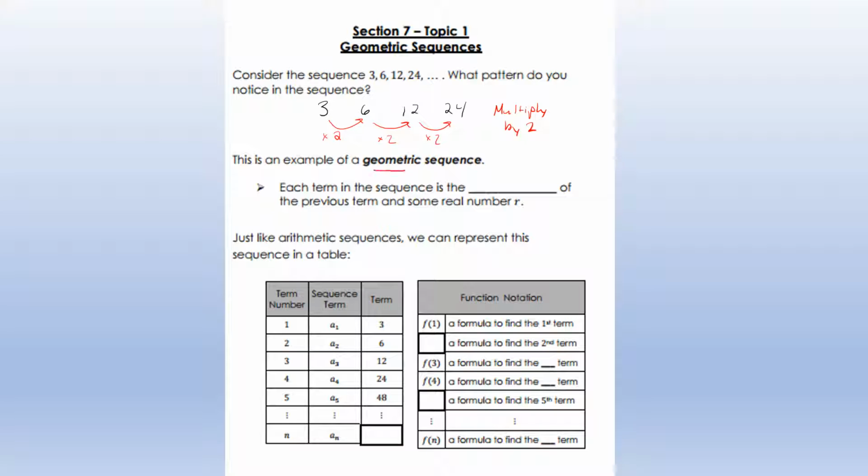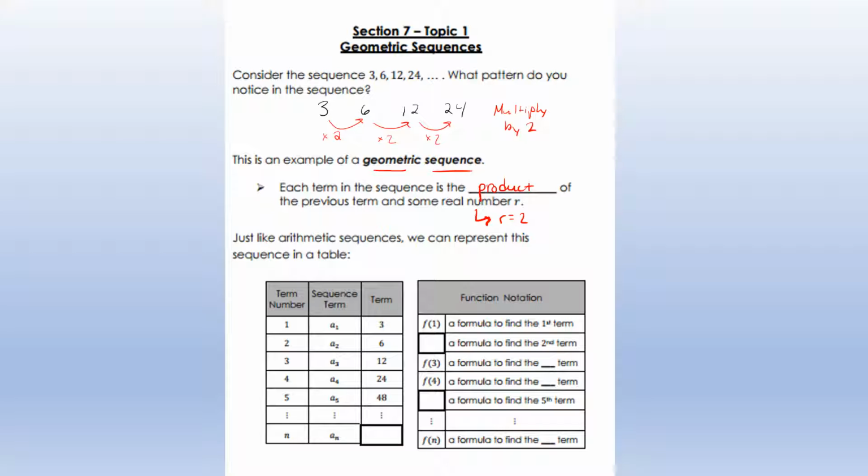This is what's called a geometric sequence. Each term in the sequence is the product of the previous term and some real number. In this case, that real number is 2. We're multiplying each term by 2 to get the next term in the sequence.